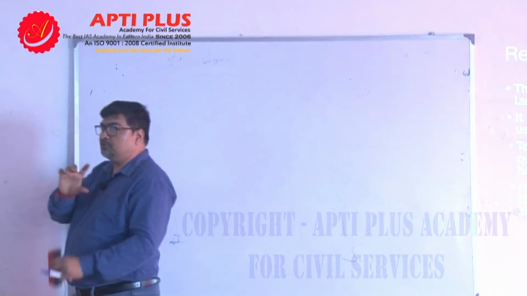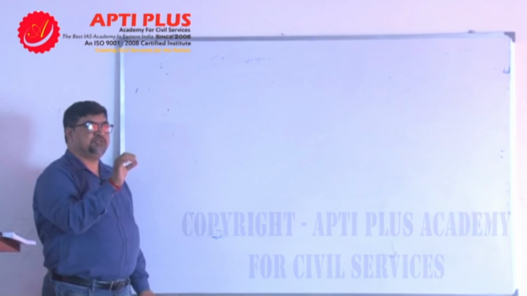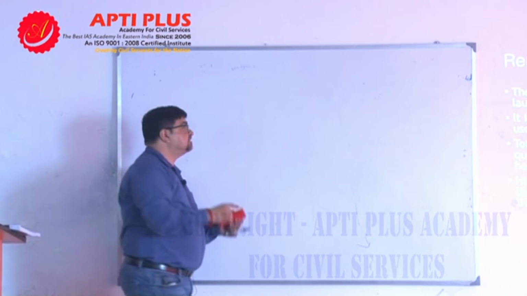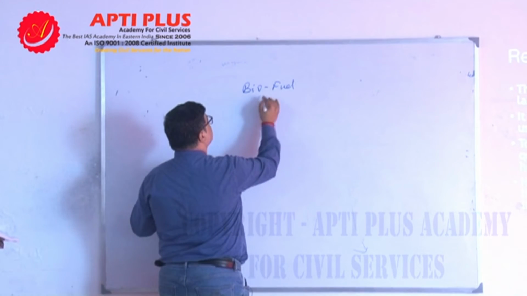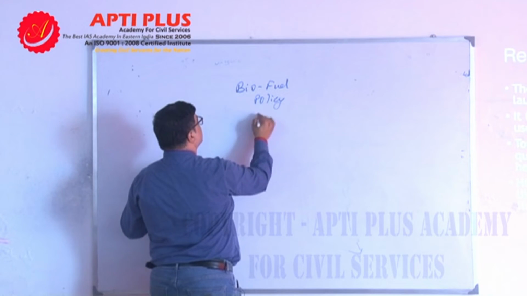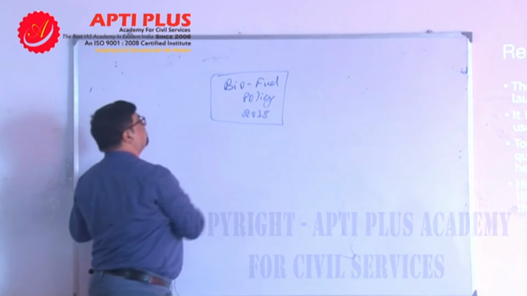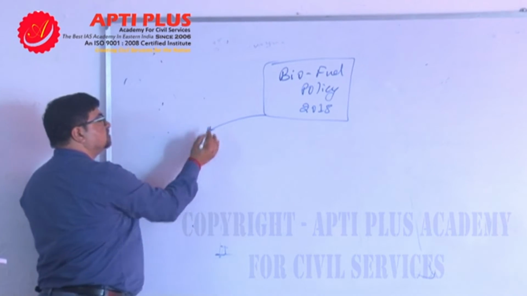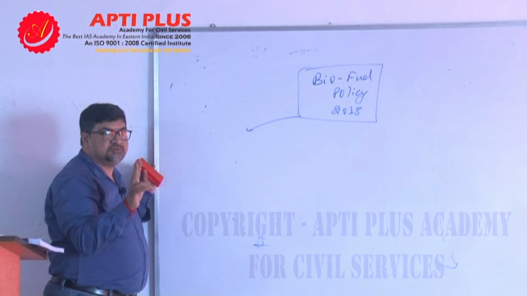Right, RUCO is a context where we can use such kind of cooking oil for diesel program. But what is the main aspect of biofuel policy? National Biofuel Policy 2018. What are salient highlights? I'll give you all the points. What is the first point of this? Categorization, 2 types. Which are 2 types?